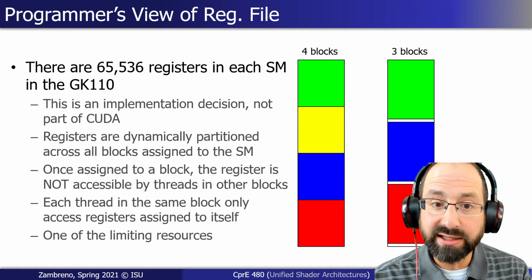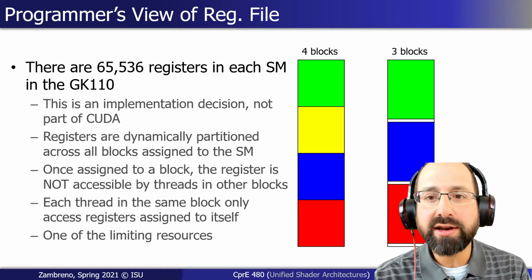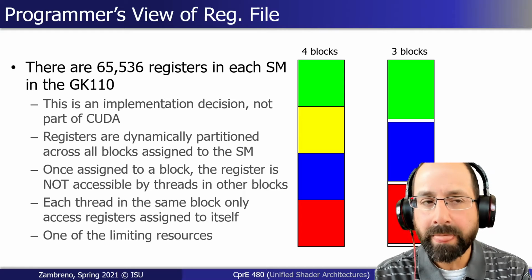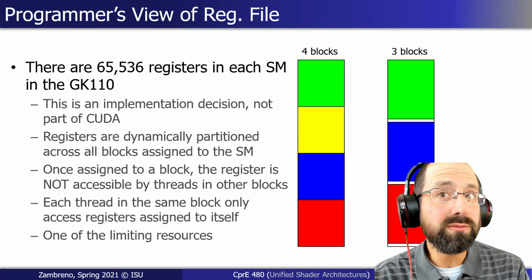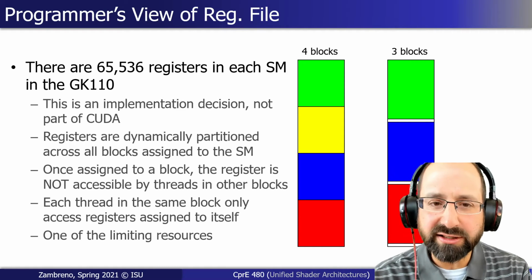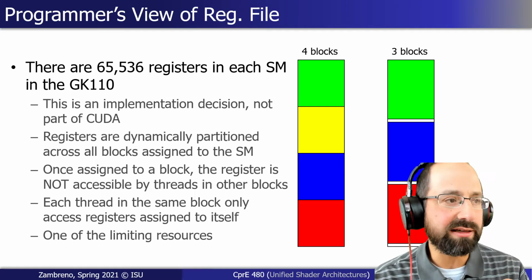So when we have that execution context, we can make a lot of those simplifying assumptions: well, every thread needs the same amount of registers because they're all executing the same exact code. They can have some sharing of program counters between the threads. This is an implementation specific detail, but we'll talk about what grouping of threads makes sense in that context.